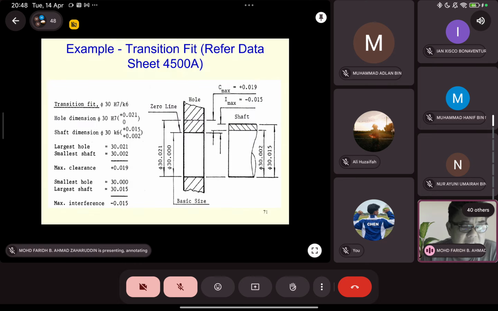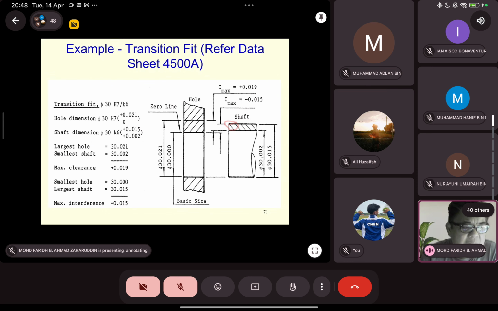Okay, so it's easy to calculate. How do you know the clearance? You take the largest size of hole, you minus the smaller size of shaft, then you get the clearance. To get the interference, you take the smaller size of hole and minus the larger size of shaft.